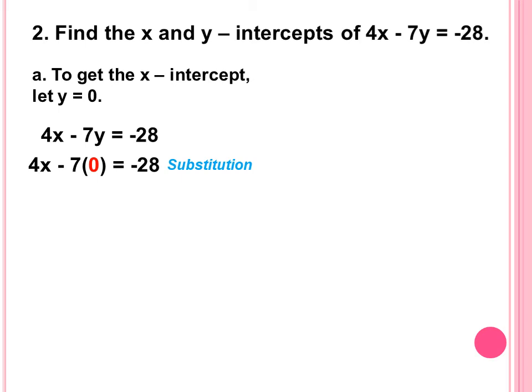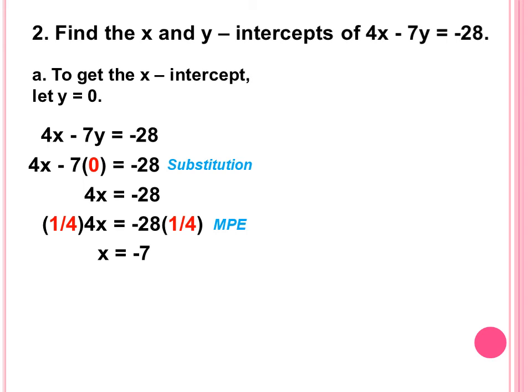We already know that negative 7 times 0 is 0. So this will be 4x is equal to negative 28. Multiply both sides by 1/4. 1/4 times 4x is equal to negative 28 times 1/4. That is by MPE. And simplifying this, it will be x is equal to negative 7. Thus, the x-intercept is negative 7. Its coordinates are (negative 7, 0).